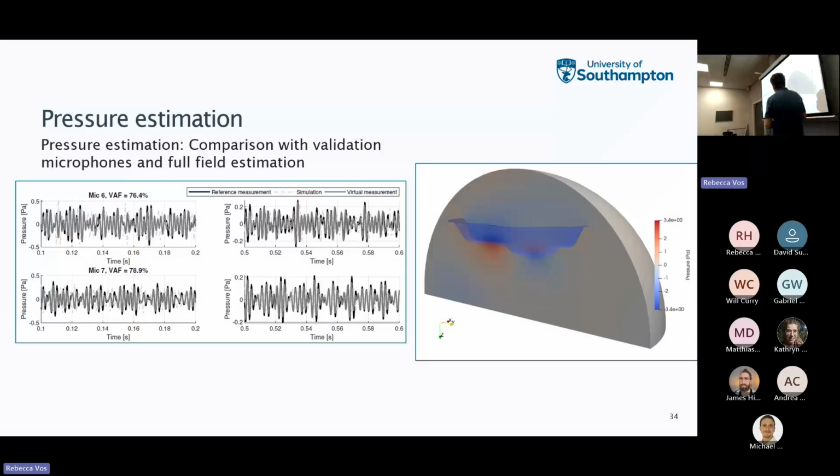And so you can see that the response, albeit not perfectly matching, matches much better than the simulation-only results that we got. And so we are actually, with this approach, able to do full field predictions that are in line with these results here.